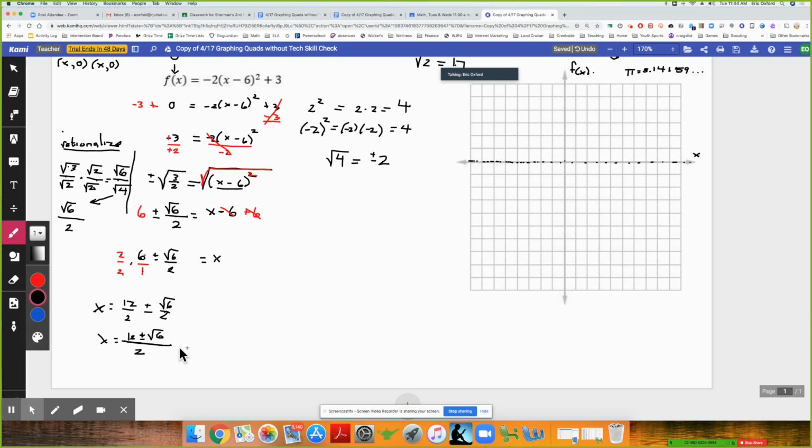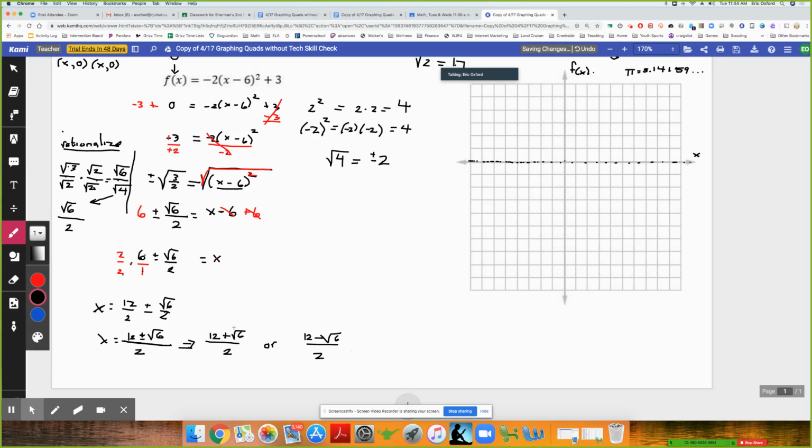So, but what I can do is, since I have 2 operations here, plus or minus, I'm going to have 12 plus the root of 6 divided by 2, okay, or 12 minus the root of 6 divided by 2.